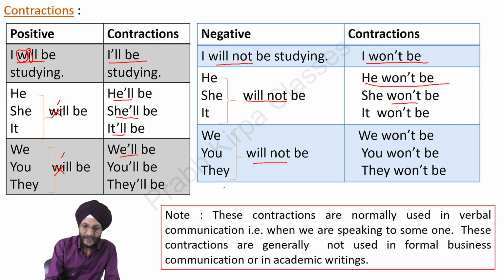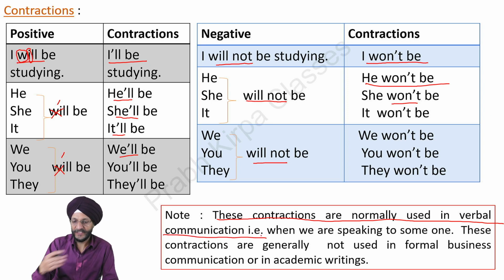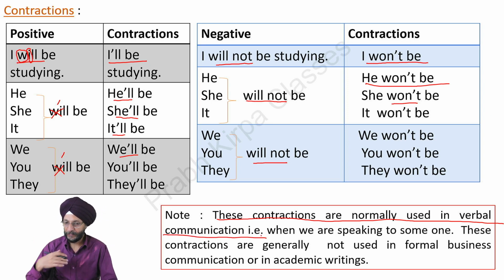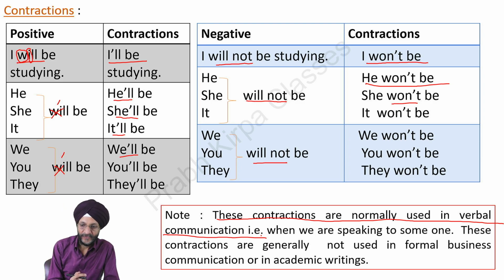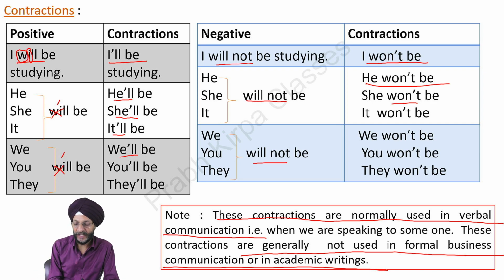Please note, these contractions are normally used in verbal communication. That is, when we are speaking to someone else verbally. These contractions are generally not used in formal business communication or in academic writings.